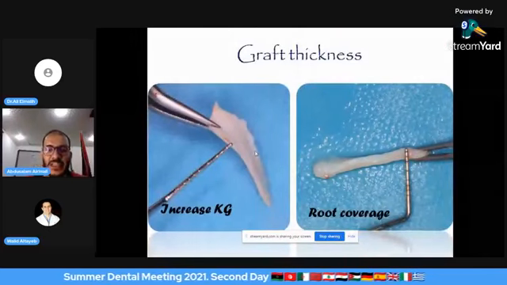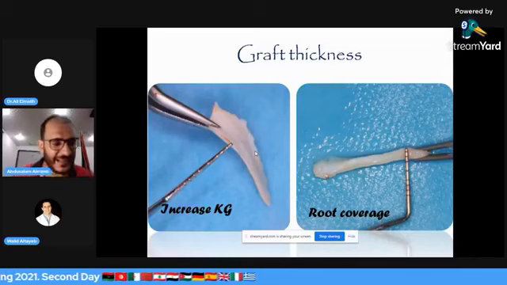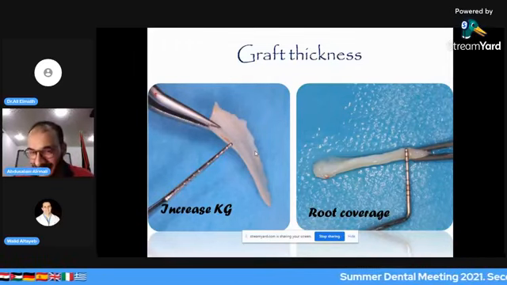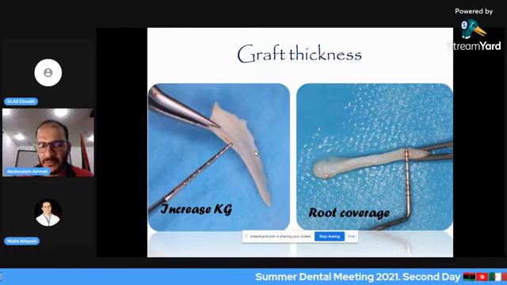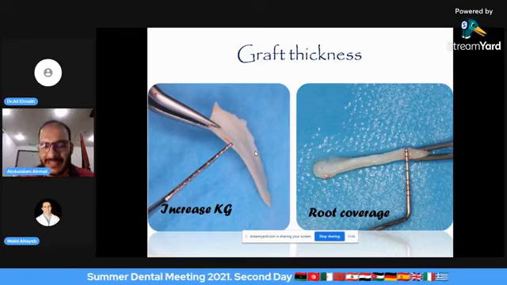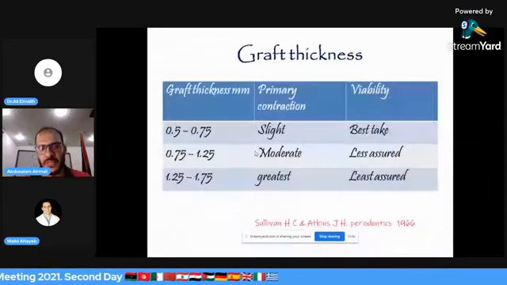So the graft thickness depends on whether you want to place the free gingival graft over a root coverage. It is indicated to be thicker, more than 1 millimeter. If you want to increase the keratinization, it is preferred to be less than 1 millimeter.